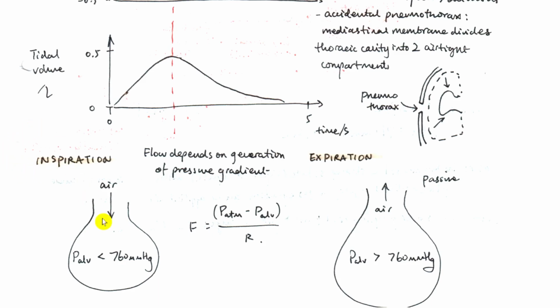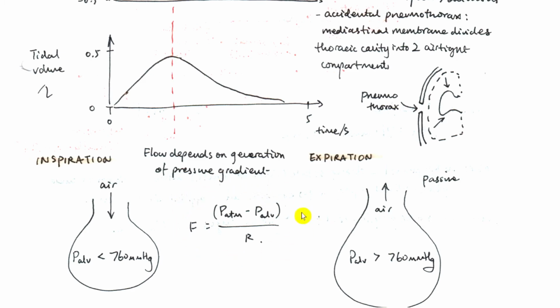So, as we saw before, inspiration is when the pressure in the alveoli decreases below the atmospheric pressure, so 760 millimeters of mercury, or 0 centimeters of water. So that sucks air in, and in expiration, the pressure in the alveoli is greater than the air pressure, so it pushes air out. And that all happens because of the diaphragm and increasing and decreasing the volume of the thoracic cavity.